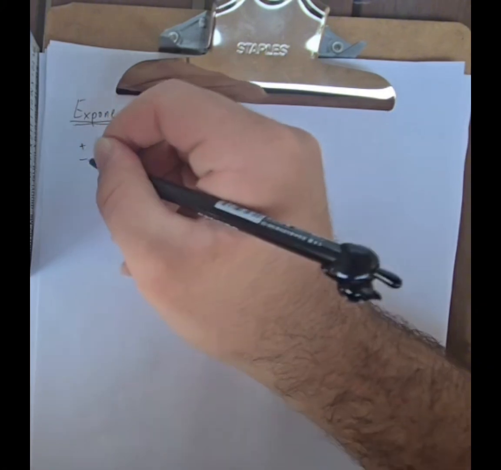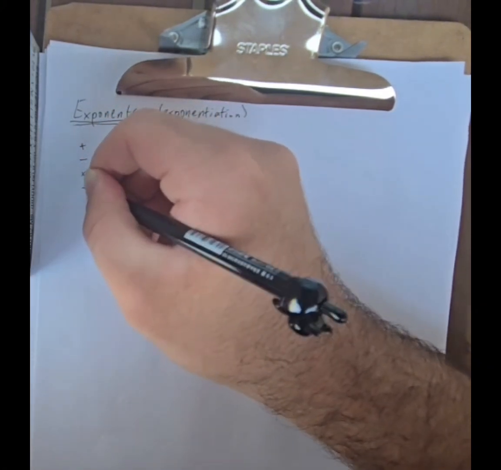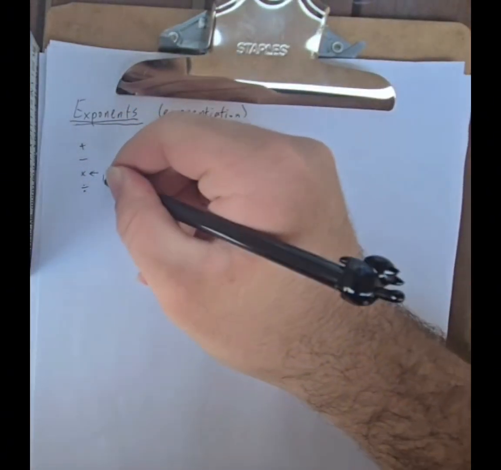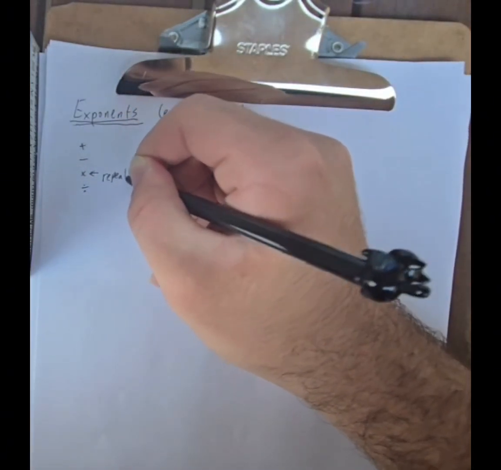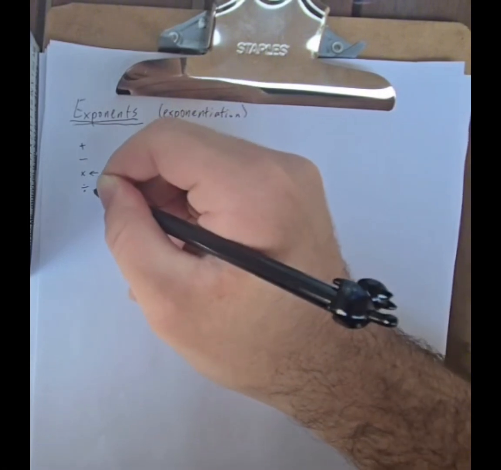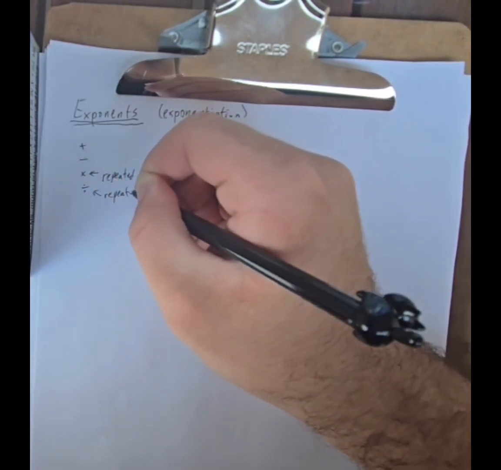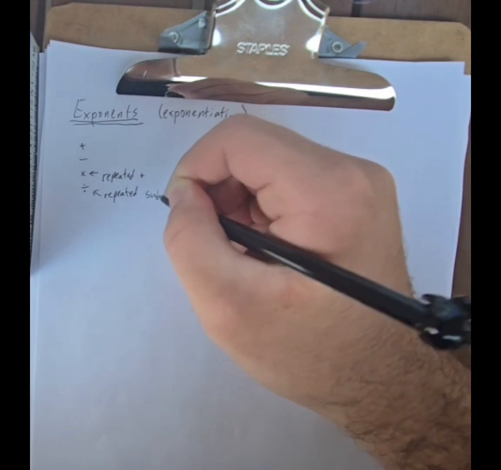You might be familiar with the operations of addition, subtraction, multiplication, and division. It's a lot like those. You might also want to recall that multiplication is just repeated addition. And likewise, we can think of division as repeated subtraction.